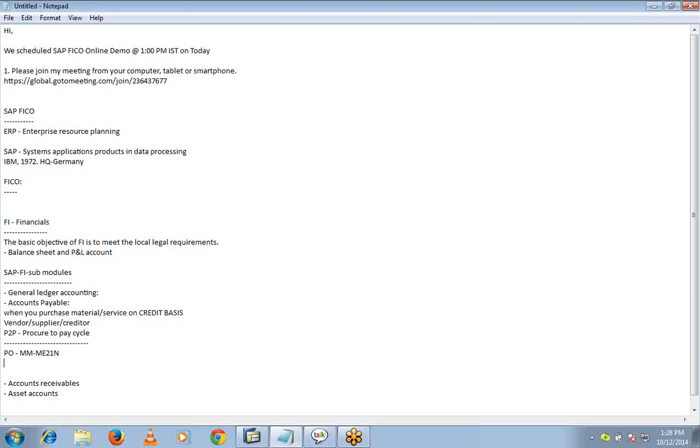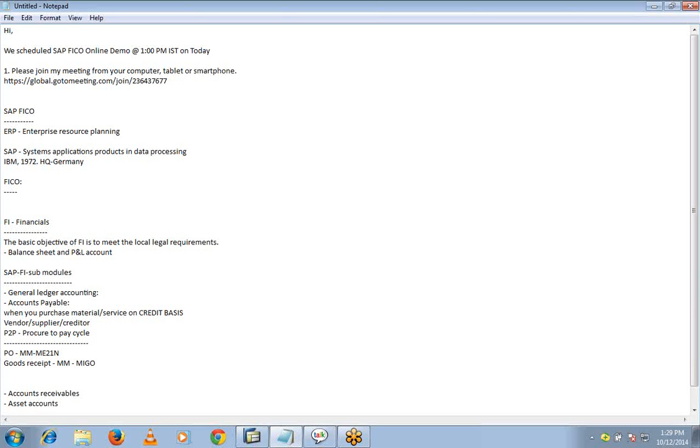Once we release the purchase order to the vendor, obviously he has to send the material to the company, so we get the goods, called goods receipt. This is also done by MM people, and the transaction code is MIGO.